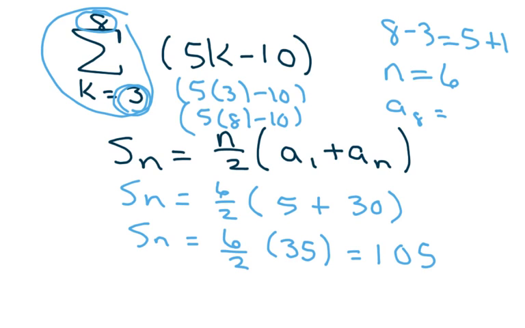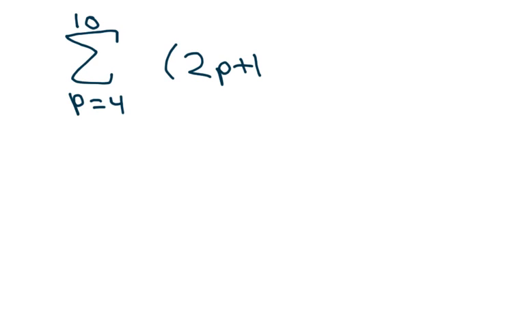All right. The next one, let's do another one. We're going to start at p equals 4, and we're going to go to 10. So how many terms would that be? Yes, it's 7 terms. So n is 7.